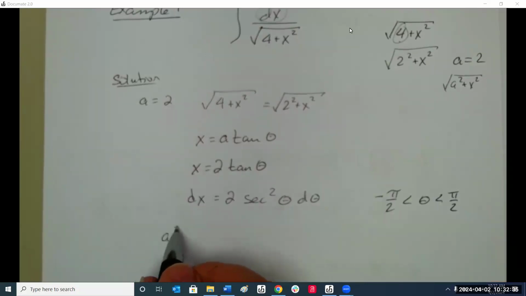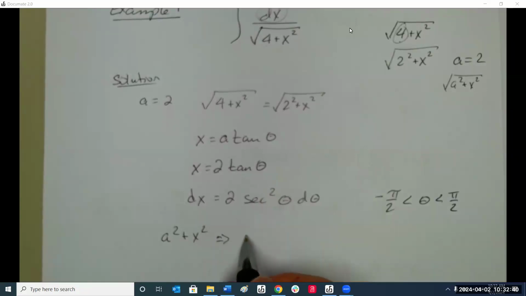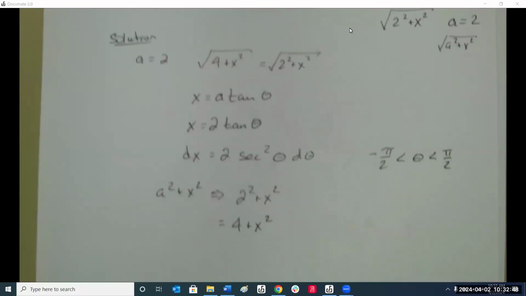So as we had earlier, we had a squared plus x squared, which in our case is 2 squared plus x squared, which is equal to 4 plus x squared.